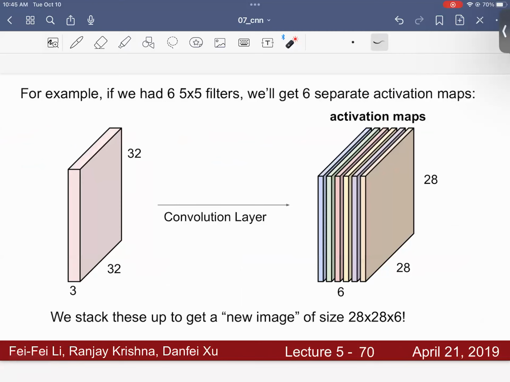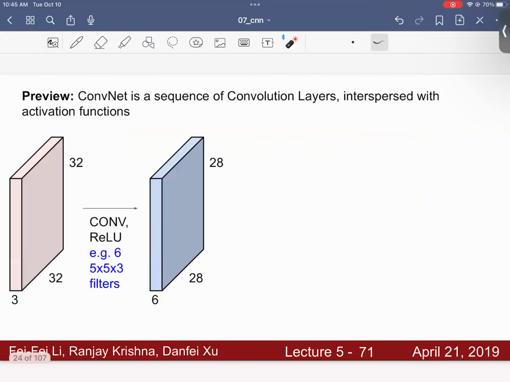In this case, we are using 6 filters, 6 of 5 by 5 by 3. We forgot the 3 here. So 6 filters of 5 by 5 by 3 will give you 6 dimensions on the channel and 28 on the spatial dimension. Okay, no biggie, right?